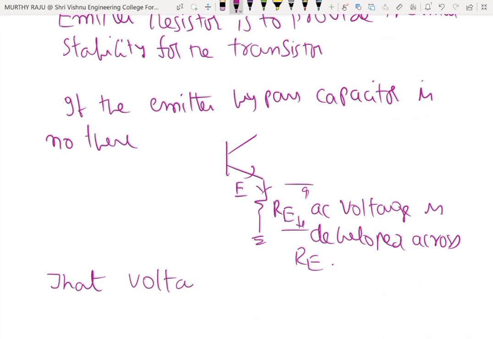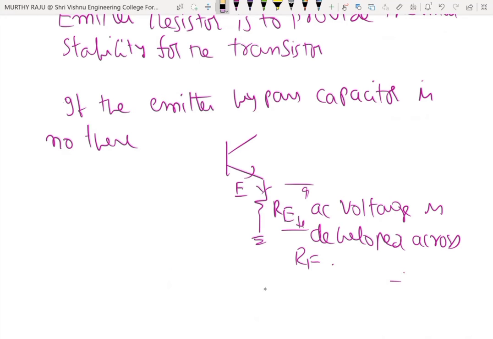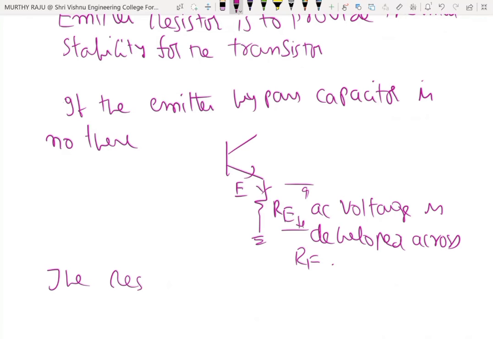That voltage acts as negative feedback. The resistor RE acts as a feedback element in the circuit.